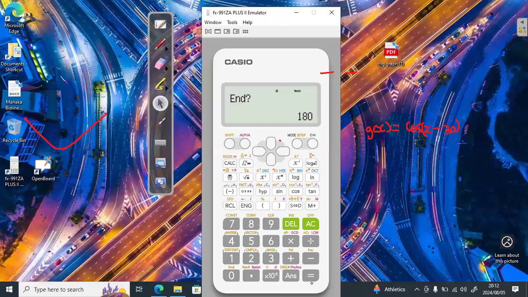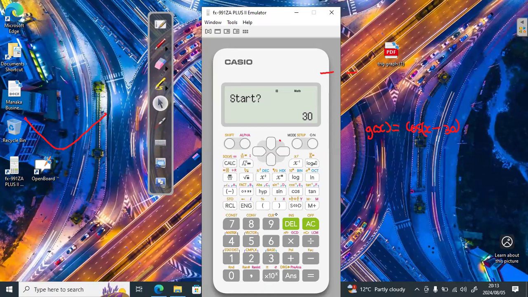Equals, where does our graph end? Negative 180. Start. No, I did something wrong. Wait. I just mixed up everything. Wait. It is cos alpha x minus 30, equals, please follow through. Where does our graph start? I believe it is at negative. Let's just confirm.